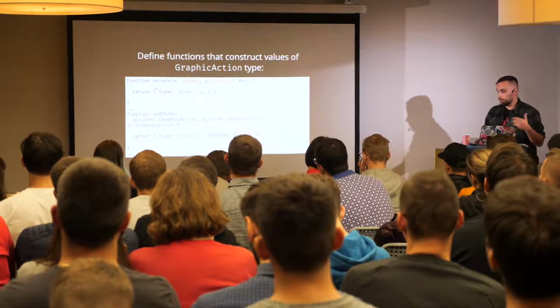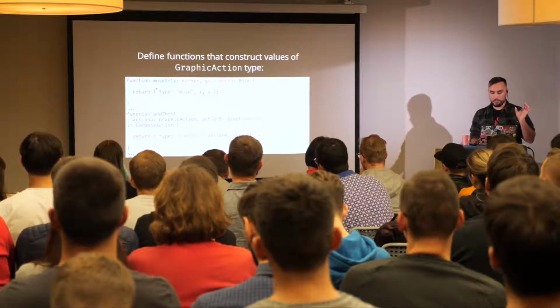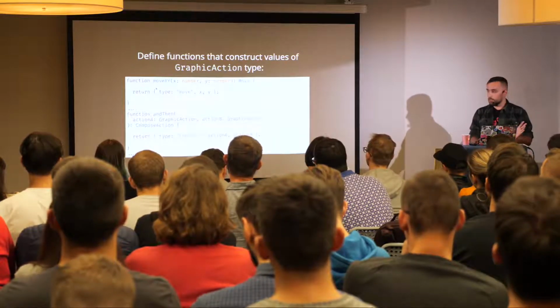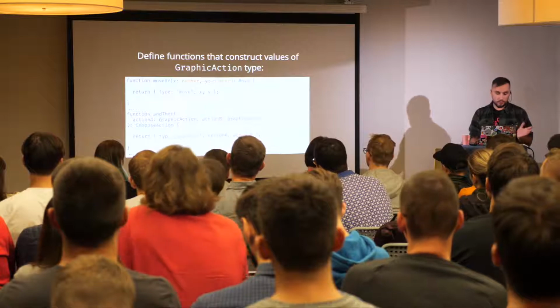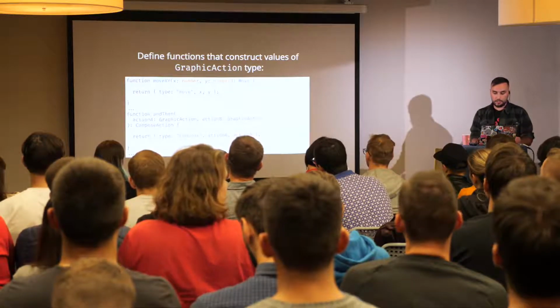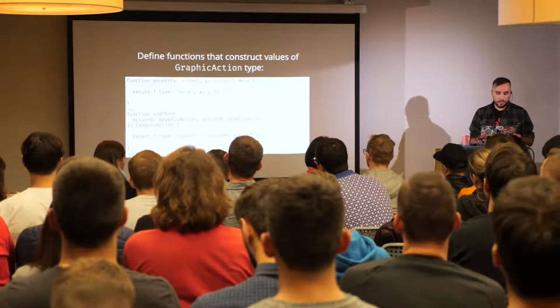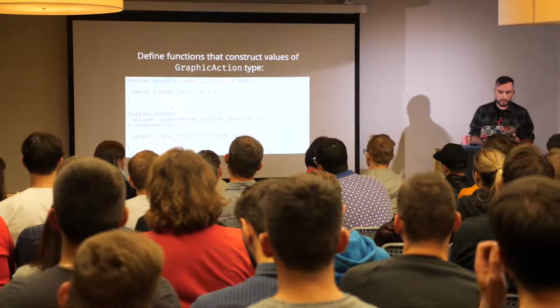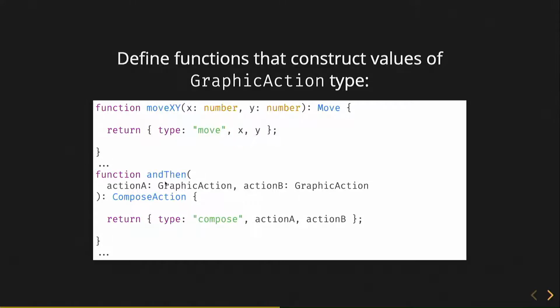If you remember, on previous slides there were direct canvas method calls, and here we just return the values of graphic action type. And one of the interesting functions for me is this, and then, which allows you to compose your actions. So using this function, passing values of another graphic action, you can compose. And this is nice, I think.